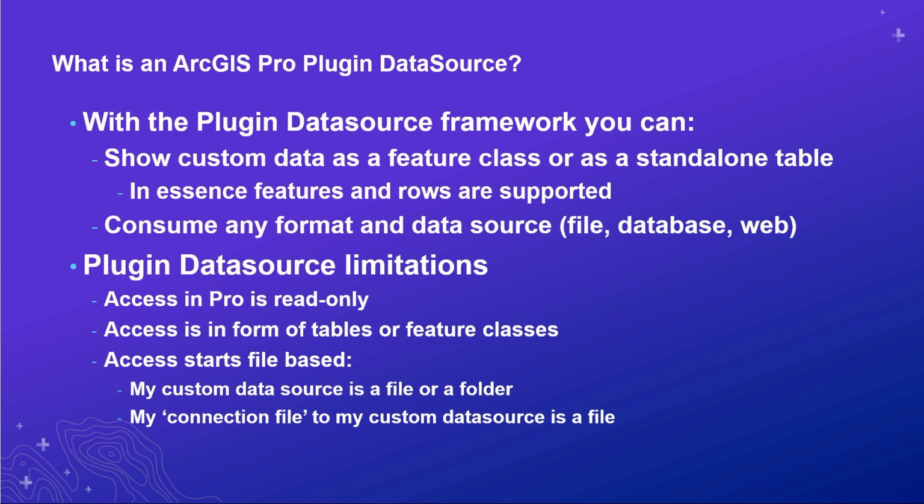So your custom source is either a file or a folder, or your connection file to your custom data source is a file. And you can see that in all our examples. Imagine, for example, your access to SQL Server or any kind of custom database is always going through a .sde file. So you would have a similar kind of configuration file that you would use to configure your web service or your relational database connection.